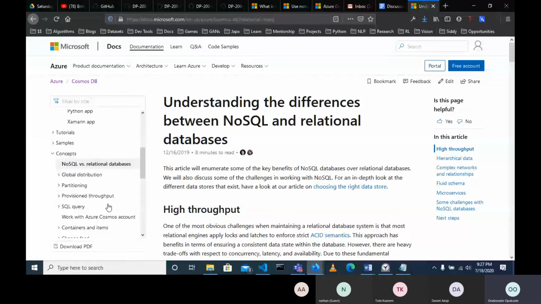Cosmos DB is a globally distributed multimodal database system. That means you can store all kinds of non-relational databases all over the world. You can make them available. You can be in Nigeria and have them available anywhere within Azure's regions.